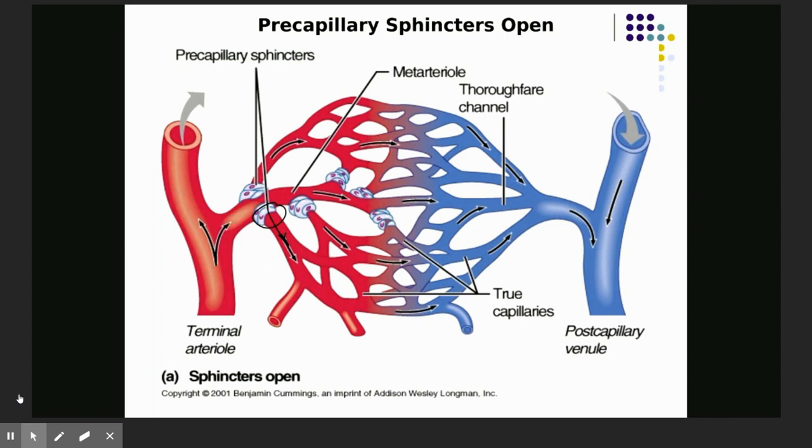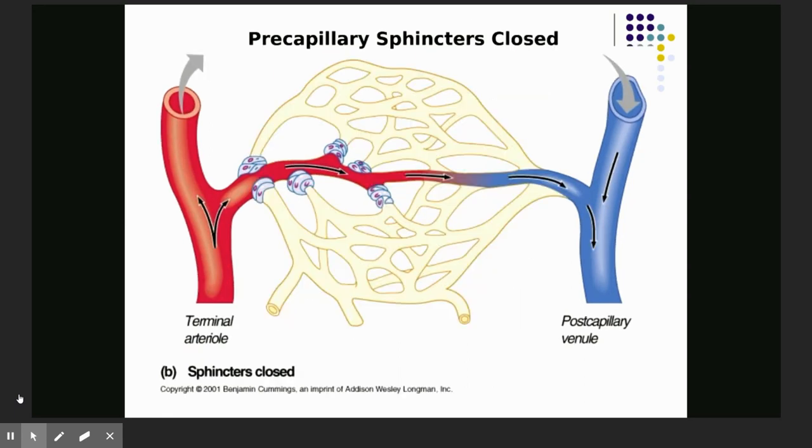Remember, we don't have enough blood to fill up all of our blood vessels, so we have to pick and choose where the blood is going to go. So sometimes capillaries have blood in them, sometimes they don't. Also remember that either way, blood still has to get from the artery over to the vein. It has to circulate. So if it can't go this way, there has to be another way for it to go. And remember, this is called a vascular shunt.